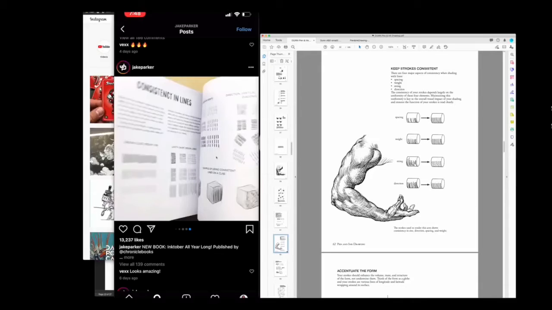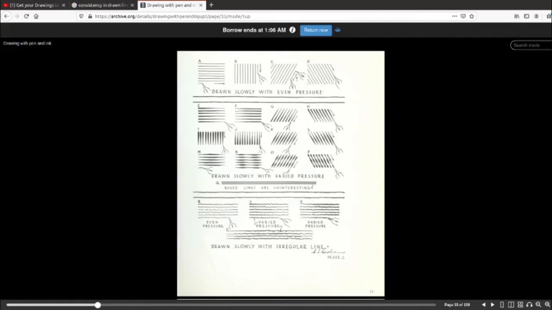Okay. I think this could potentially be a legit argument. So, I've done a cursory examination of the internet, looking for other people talking about consistent lines.